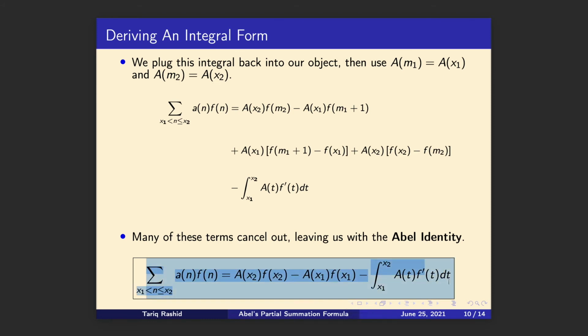So we've got an integral here, and we've got just the values at those limits. And in fact, often our lower bound, our first n is 1, which means x1 is say 0. So this thing can often disappear because a of 0 is 0.